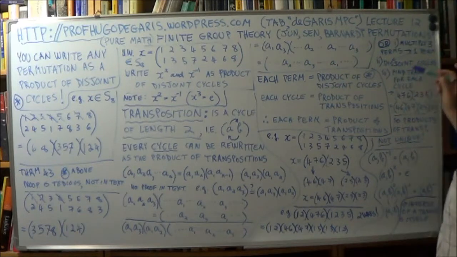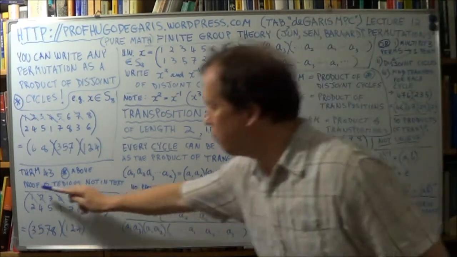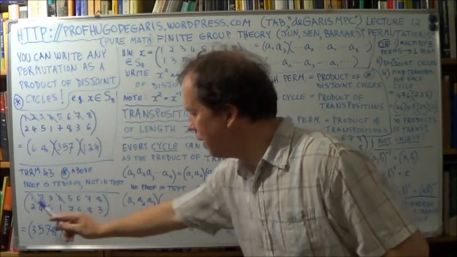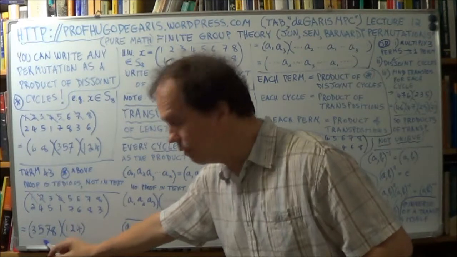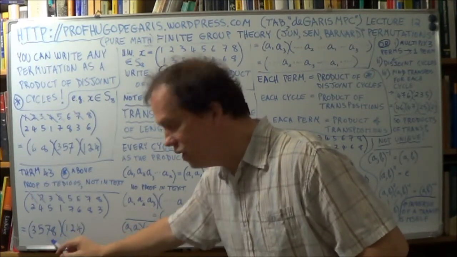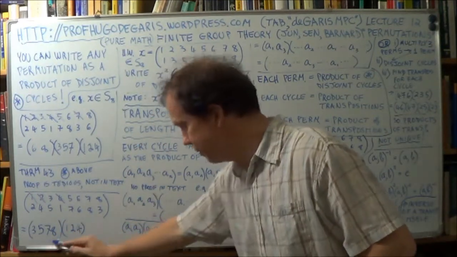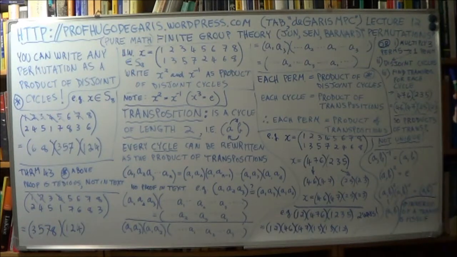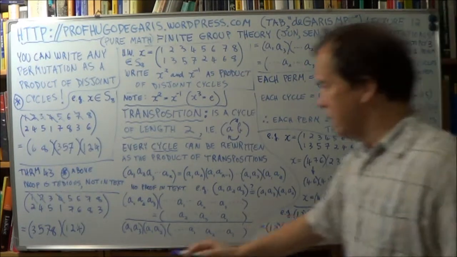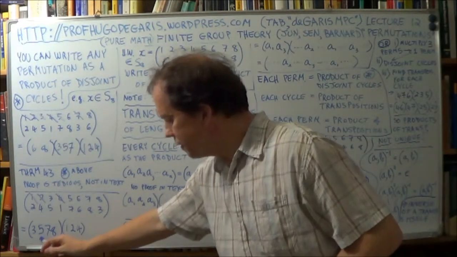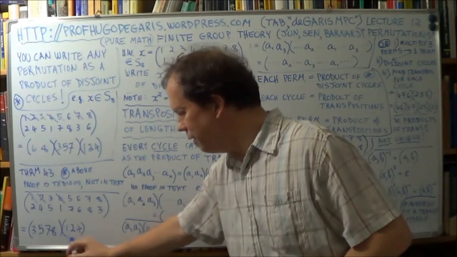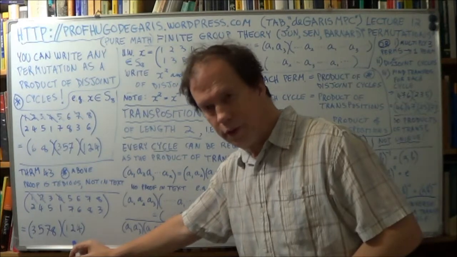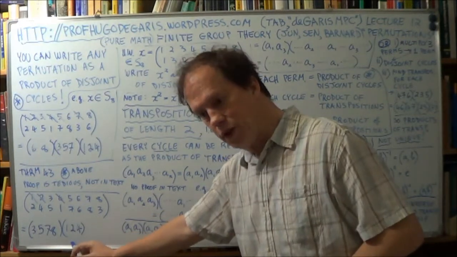So that's step 2. You take your 1 full bracket form permutation and find the product of its disjoint cycles. Okay, and then find the factors. Split these in turn, each one, into a product of transpositions.